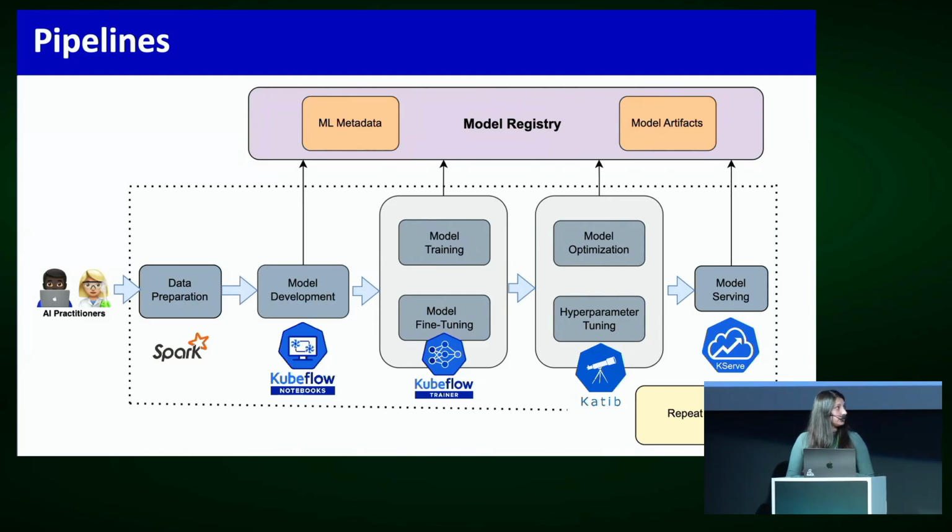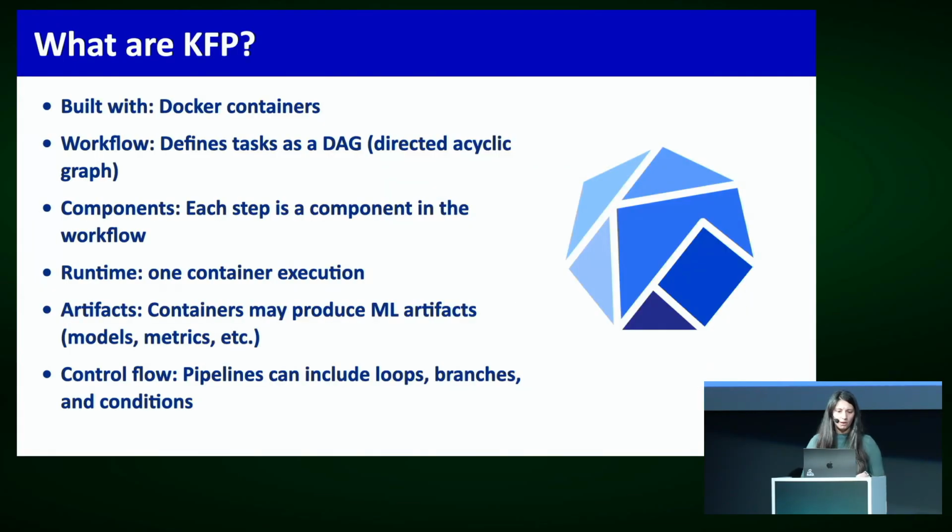Let's look at these steps again, because everyone can be part of the pipeline. And actually, the pipeline is the heart of the platform. You can use Kubeflow Pipelines to create and run multi-step ML workflows as containerized tasks.